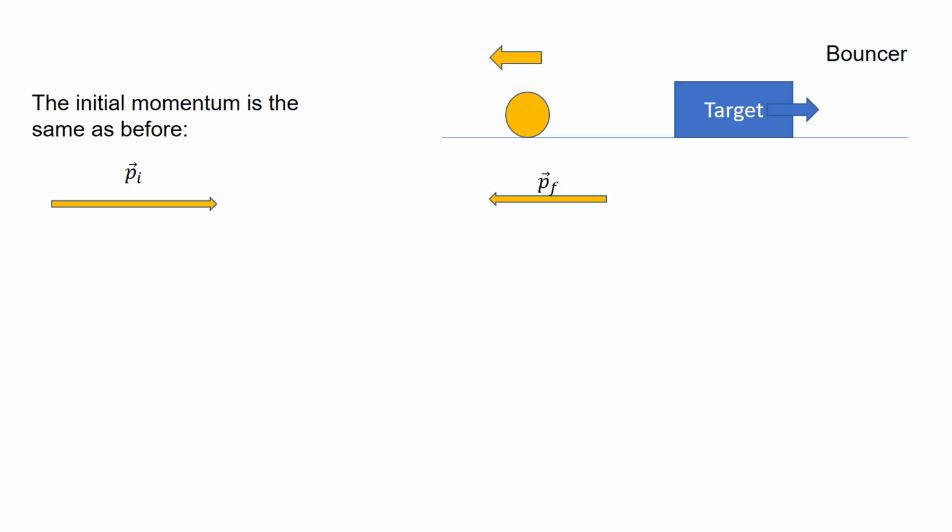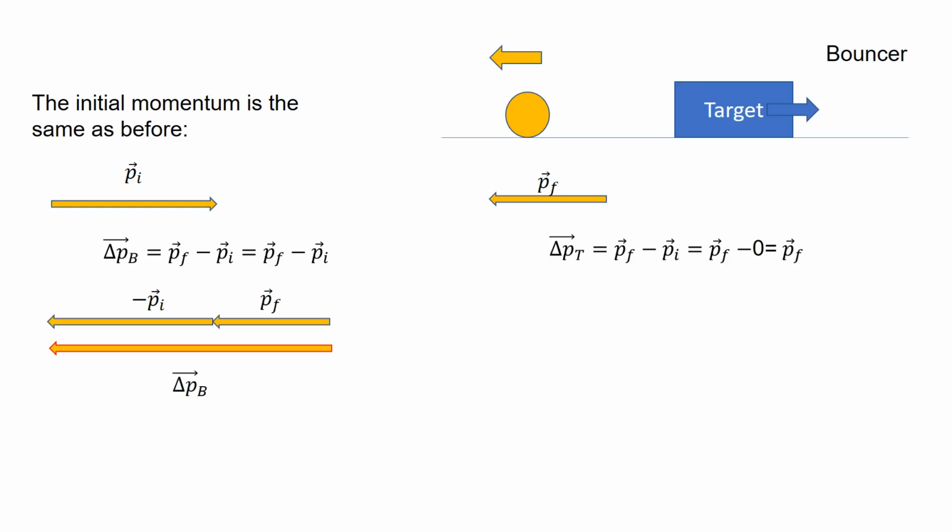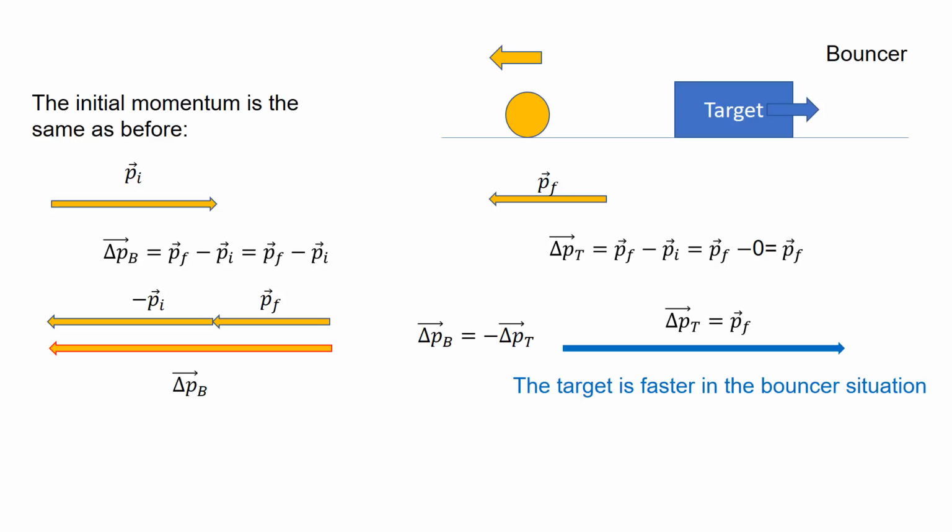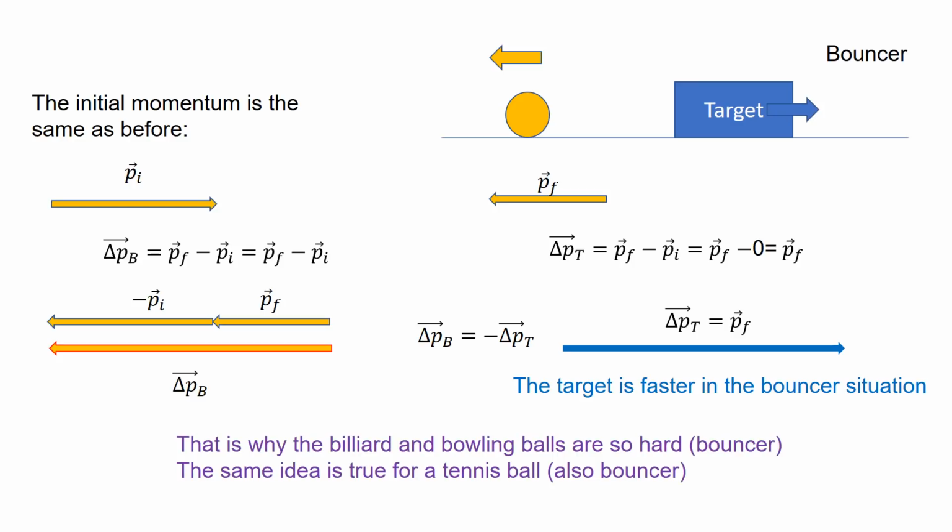Now the bouncer, here we have an initial momentum. We have a final momentum. Our final minus initial ends up being huge. So same thing, the target's change in momentum is also going to be quite huge. So the target is faster in the bouncer situation.